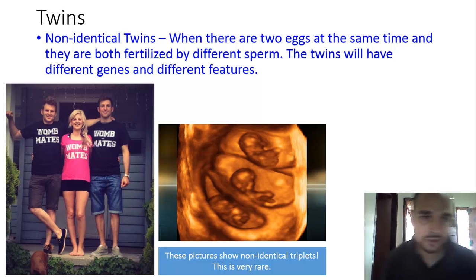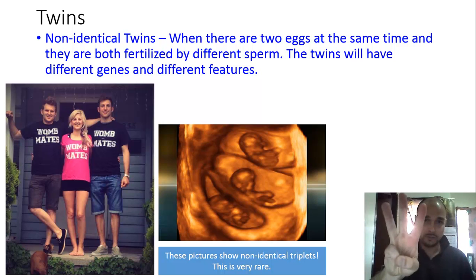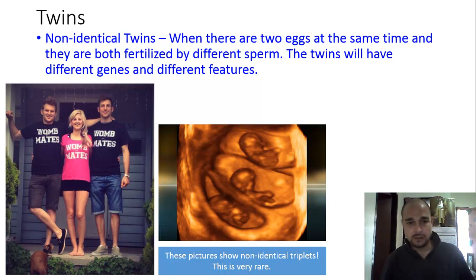Okay, now we have twins, non-identical twins. Let's just quickly look at this picture. Okay, the definition is about twins too, but this is 3. We call it triplets. Okay, these pictures show non-identical triplets. This is very rare. So they all shared the same womb. They were in the uterus together.